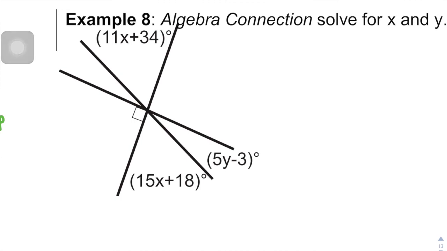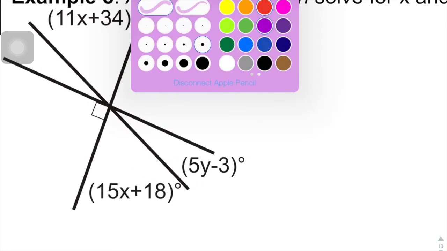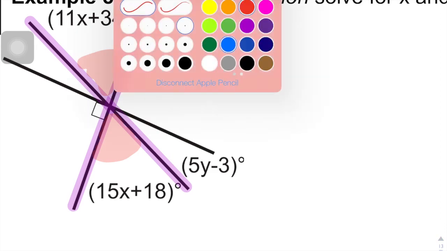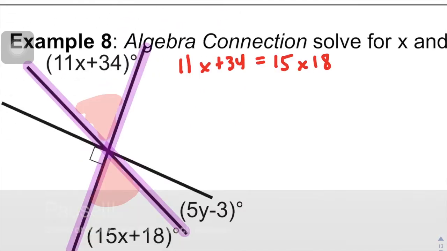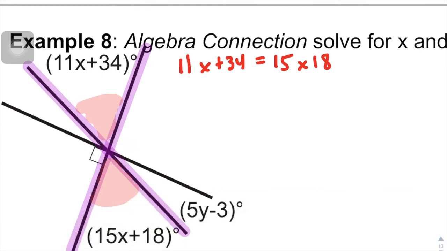The two angles that have x we'll focus in on are this one and this one, because this is a vertical angle pair with this angle. Since they're vertical, by the vertical angles theorem, we can say they're equal. Once we've got our equation set up, we can solve for x.